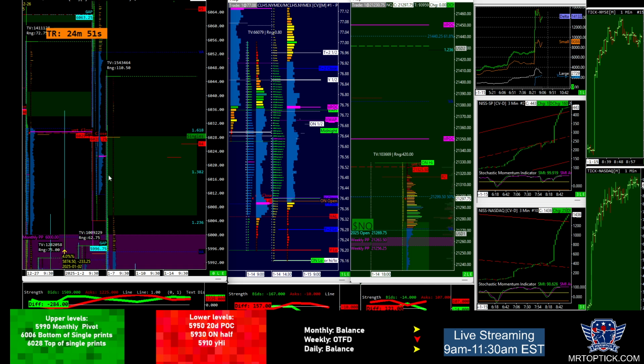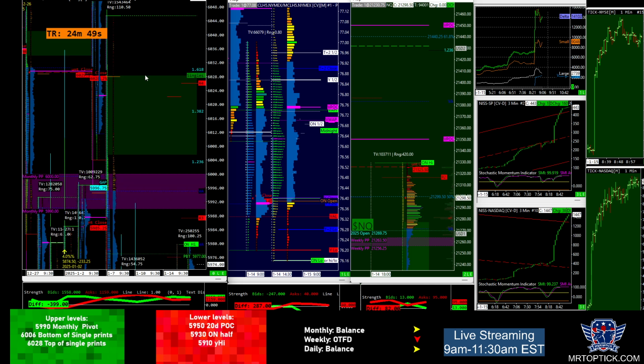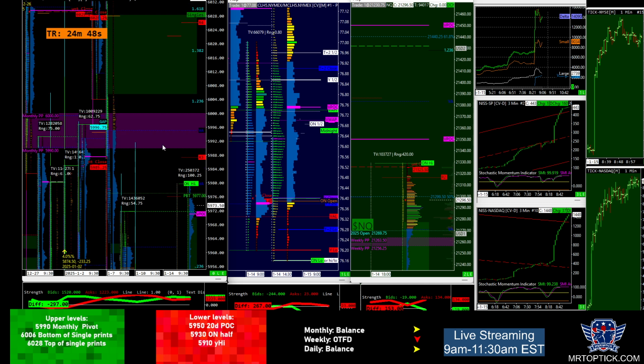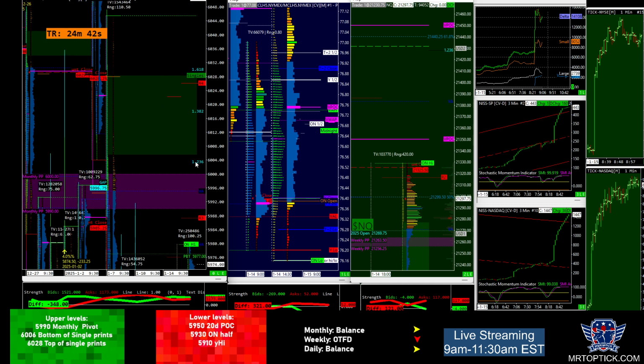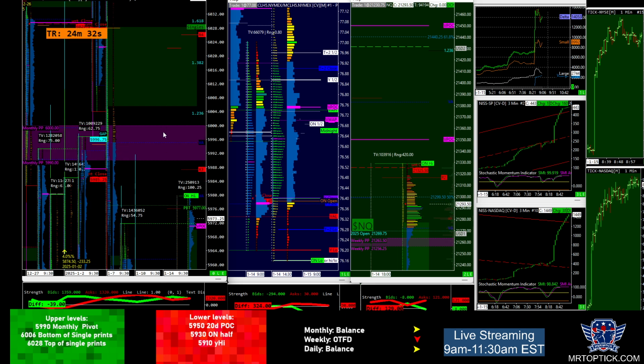We had the spike down. We left those single prints. So we gotta see if we still have sellers here. We're likely gonna test into this area, into the 6,000 area. The monthly pivot is here, and it's also providing some resistance.